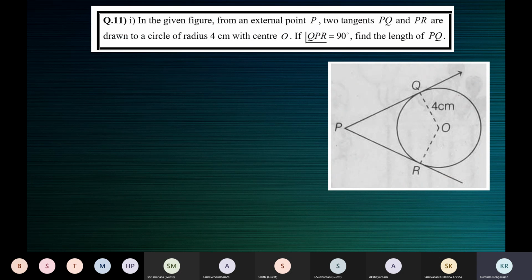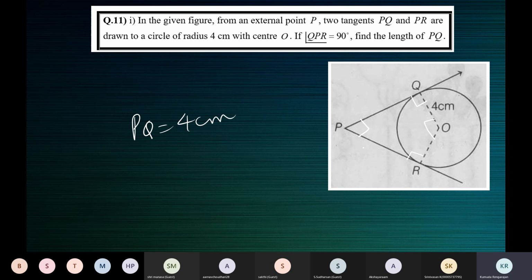Sorry, we'll go back to the earlier one. So I think Shakti said PQ is 4 centimeters. How? Ma'am, they are given that QPR is 90 degrees. Okay. And we know that OQP and ORP are 90 degrees, as radius is perpendicular to tangent. So we will get QR also 90 degrees. Correct.